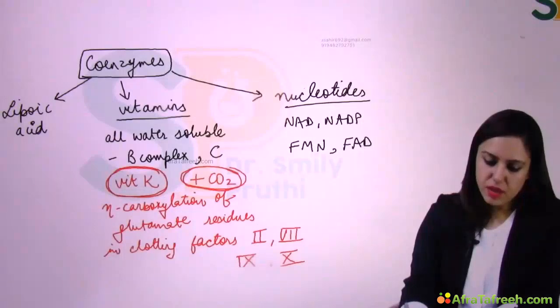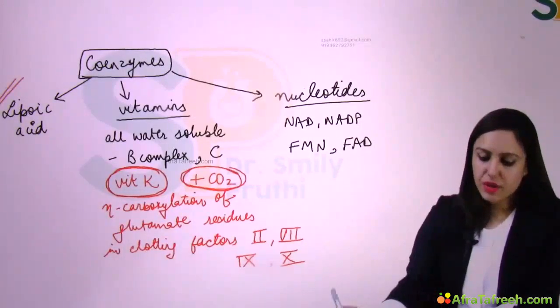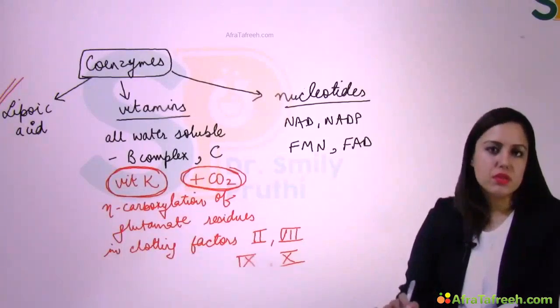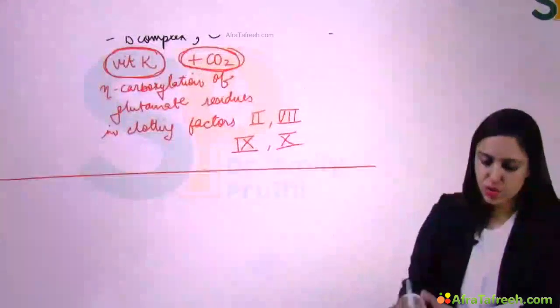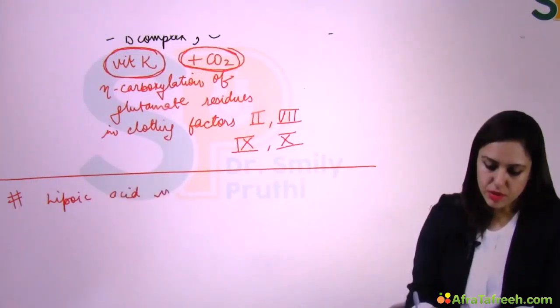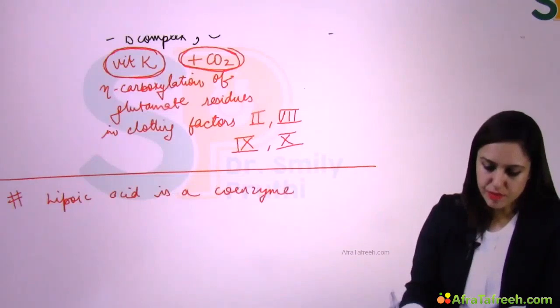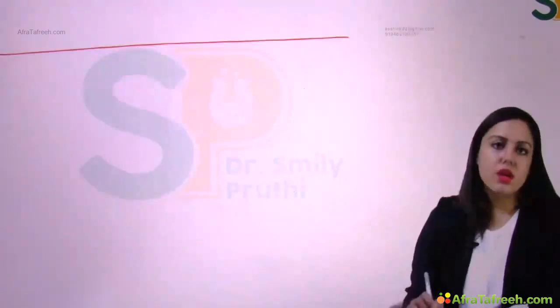Can I say that lipoic acid is a coenzyme but not a vitamin? Can I say that? Right? A question was asked, so you can write this line: lipoic acid is a coenzyme but not a vitamin, right?